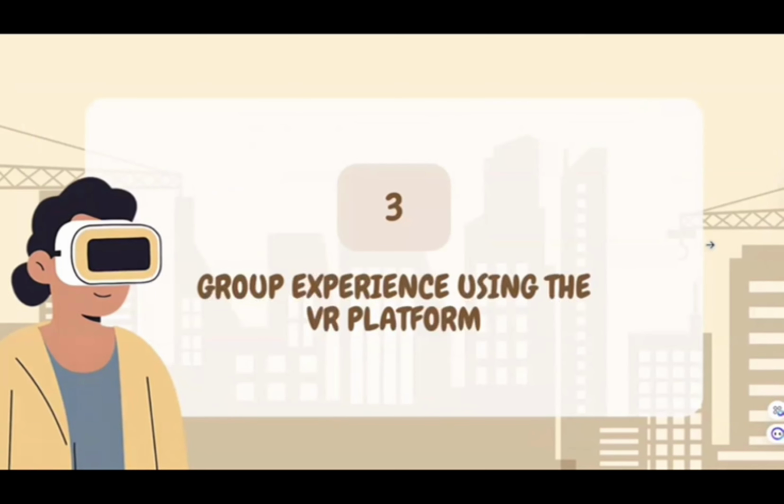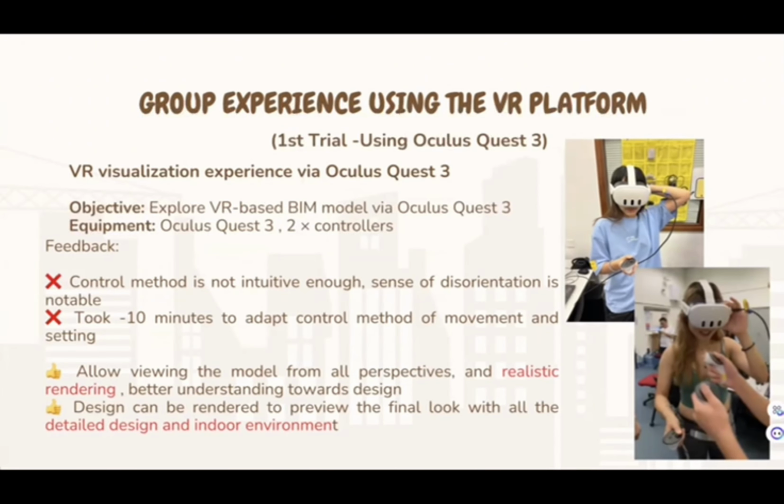To better understand the operation and the advantages of using VR visualization for BIM modeling, we have tested two platforms. In the first trial, we used the Oculus Quest 3 to experiment with the VR visualization.